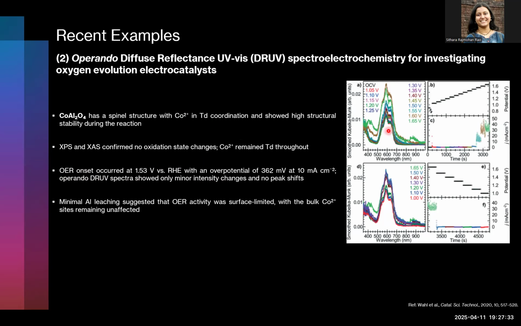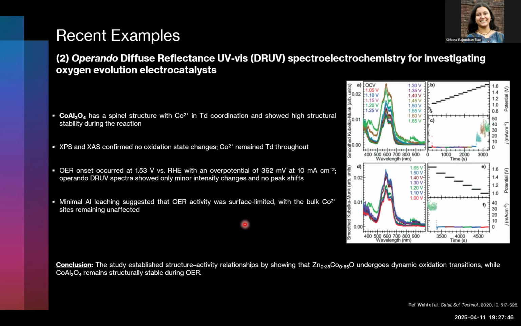The peaks remained as they are, even when we increased or decreased the potential back to 1 volt. This suggested that the OER activity was only surface limited and the bulk cobalt 2+ sites remained unaffected. So in conclusion, UV-Vis could be used in accordance with other electrochemical setups to understand the structure-activity relationships of different catalysts.